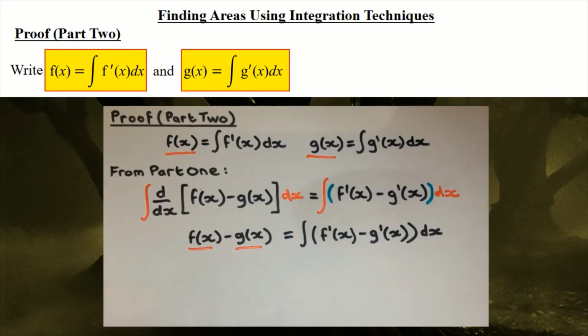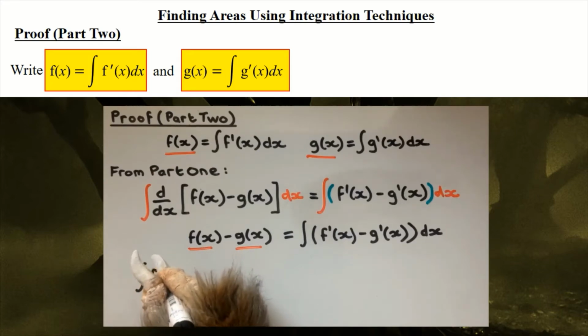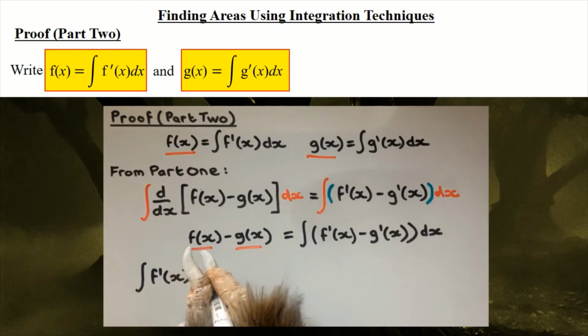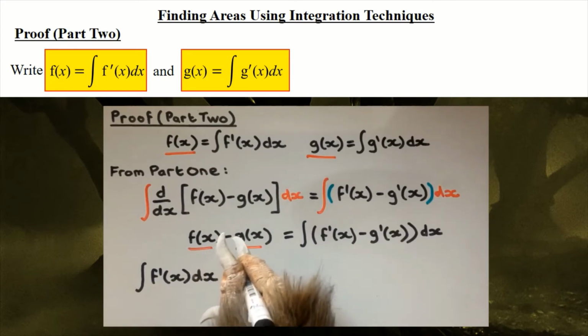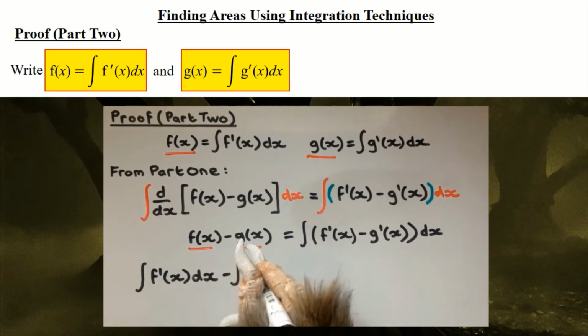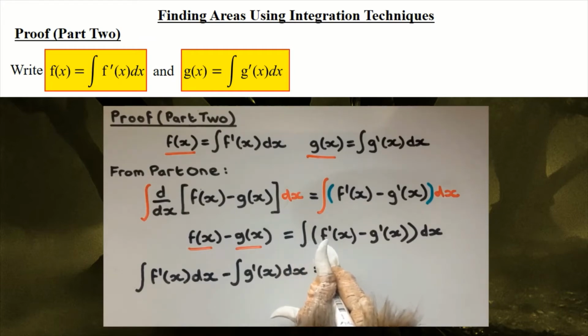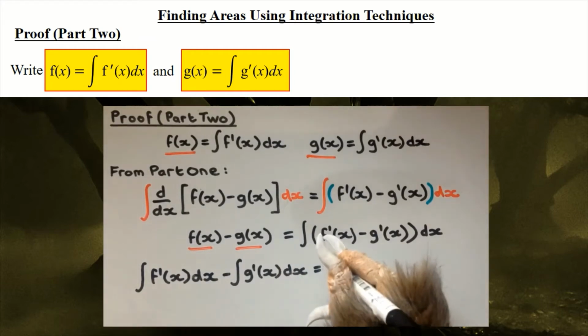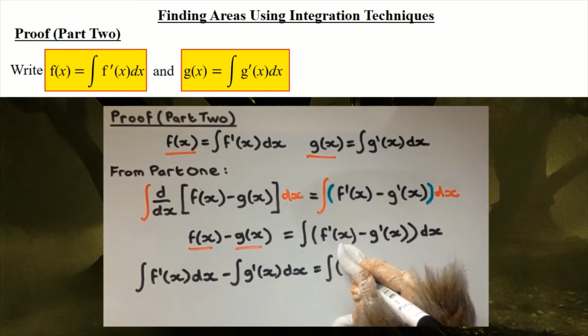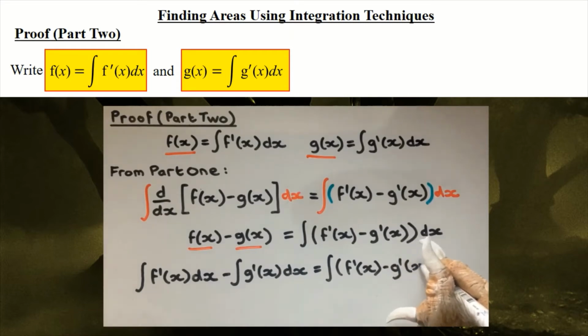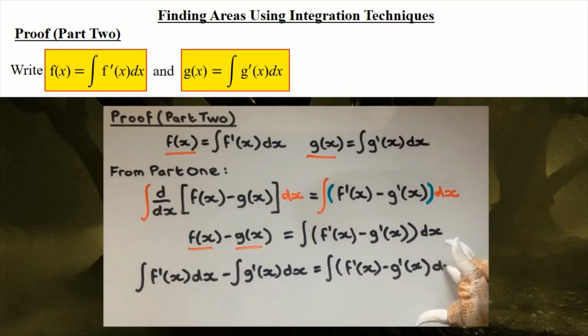So we have on the left hand side the integral of f dash x dx subtract the integral of g dash x dx, and all of this must be equal to the right hand side again, the integral of f dash x subtract g dash x dx.